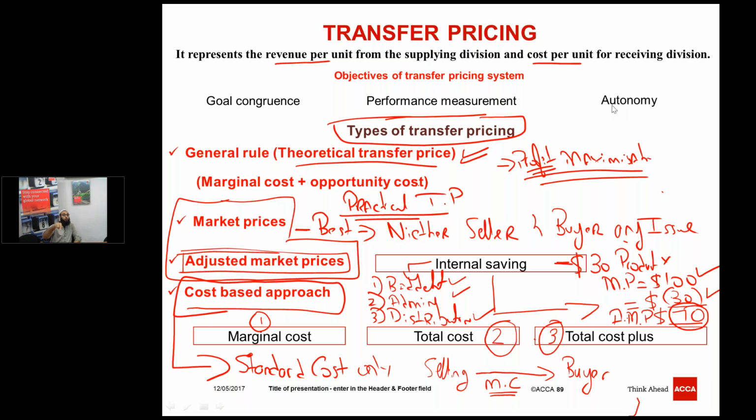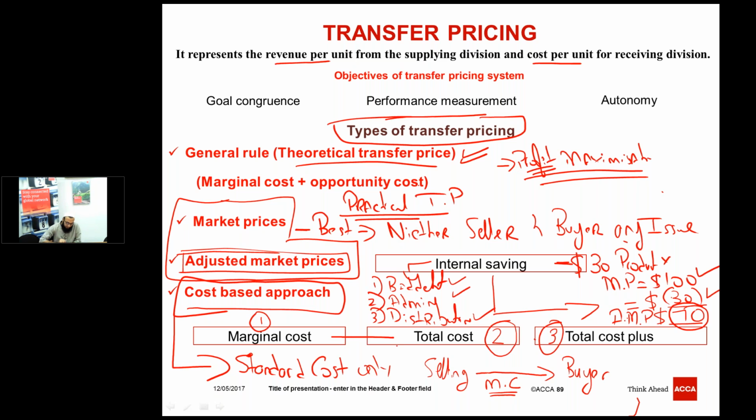What I told you was 740 or more, because the seller will want to earn profit. So guys, at marginal cost, the seller will not be willing to sell until and unless the pressure comes from the head office.